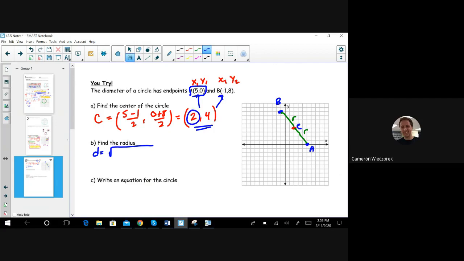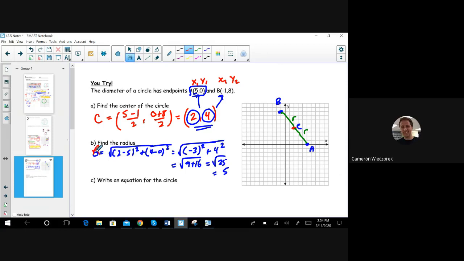So this would be my x2 and my x1. So 2 minus 5 squared plus, and then y2 this time is 4. 4 minus 0 squared, which would be the square root of -3 squared plus 4 squared. 9 plus 16, square root of 25, which is 5.